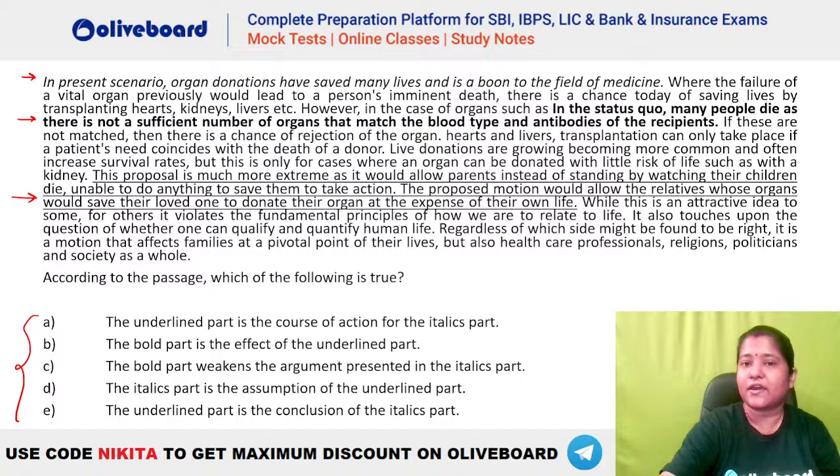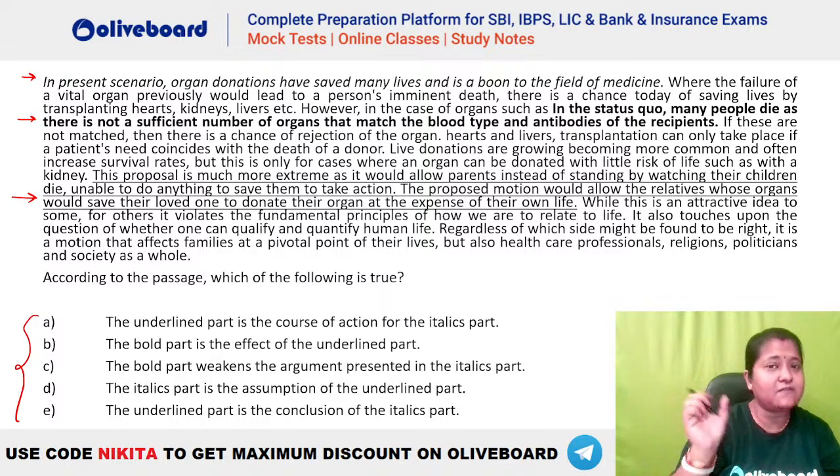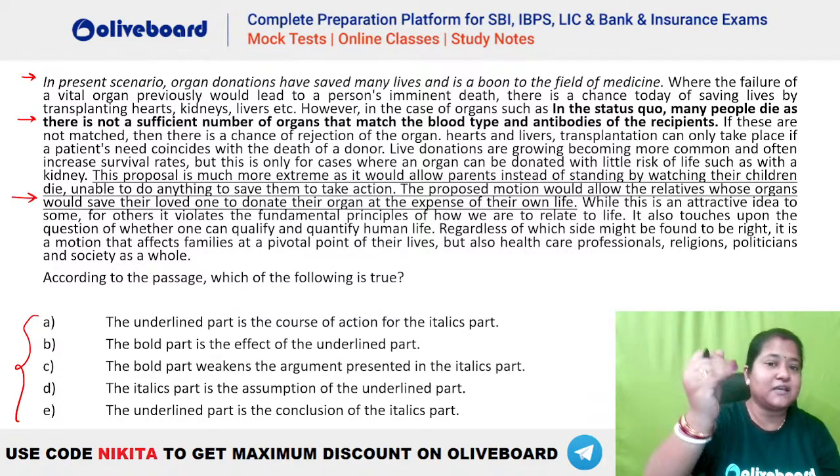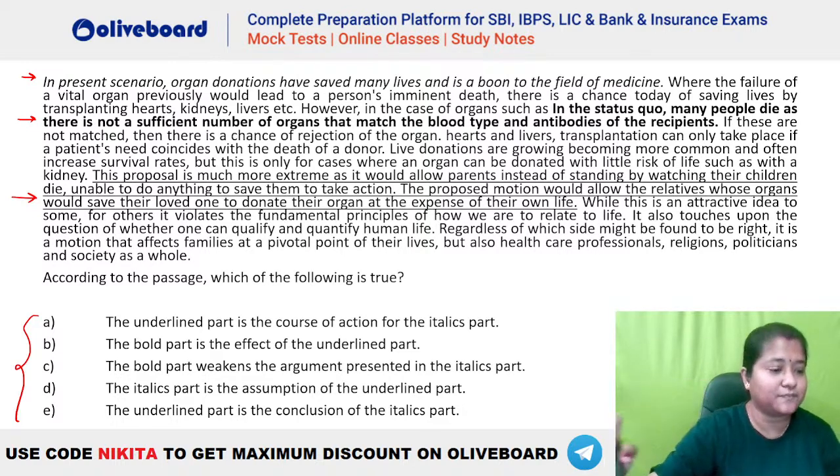It was not just talking about the donation from the relatives or the parents, isn't it? So you can see this is not exactly related. That means there is some information mismatch here. There should have been some more information, that there is a new proposal and there was a problem why this proposal came. So to conclude from there, you can see that there is some information which is still missing here, isn't it?